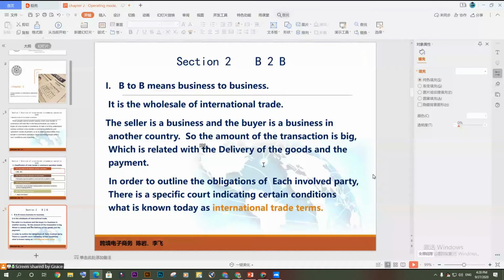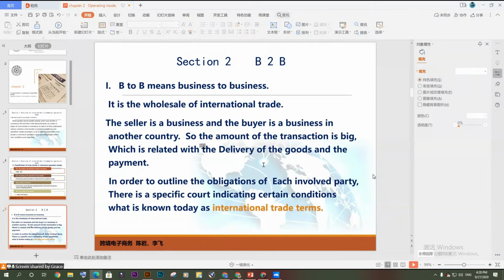Maybe someone will ask me, for B2C or some other types of cross-border e-commerce, it is also related with the delivery, and it is also related with the payment. But why do we just talk about the delivery of the goods and the payment here for B2B?